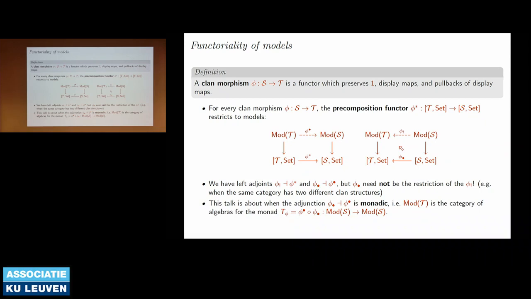But the subtle point is that the left adjoint of the forgetful functor between algebras, or between models, need not be the restriction of the left adjoint between the precomposition functor between the Set-valued functor categories. And so Sina mentioned calculus of mates or exact squares. This means that this square is not exact in two-category terminology.